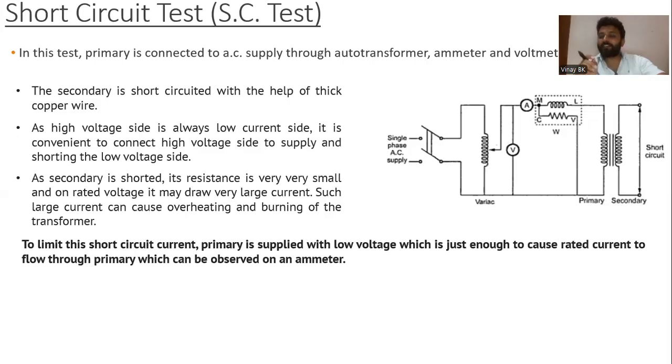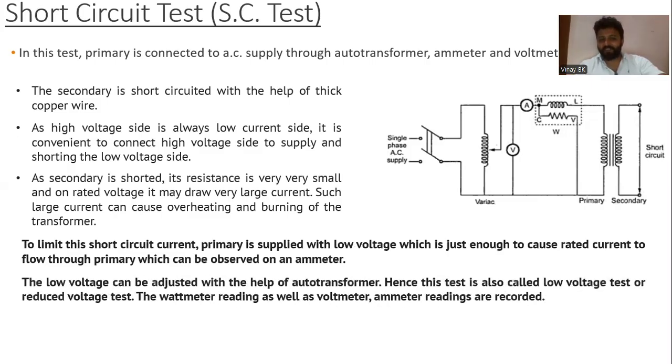That means you need to vary the autotransformer till the ammeter reads the rated current of the primary winding of the transformer. To limit this short circuit current, the primary is supplied with a low voltage which is just enough to cause rated current to flow through the primary, which can be observed on an ammeter.